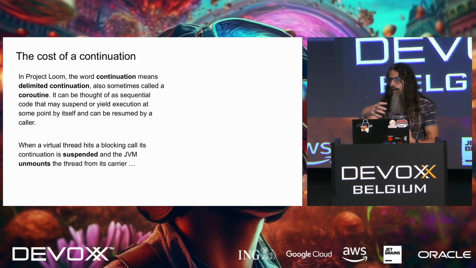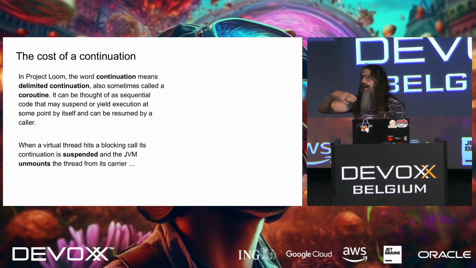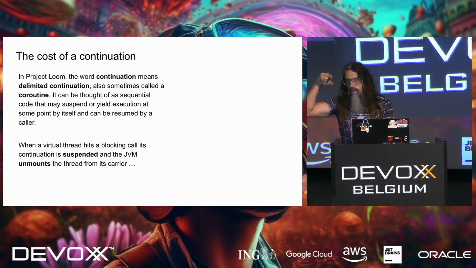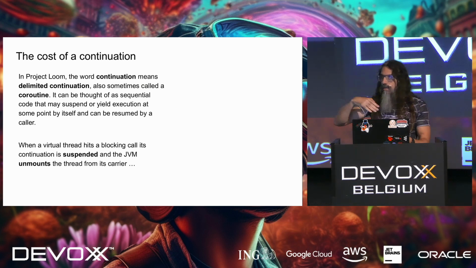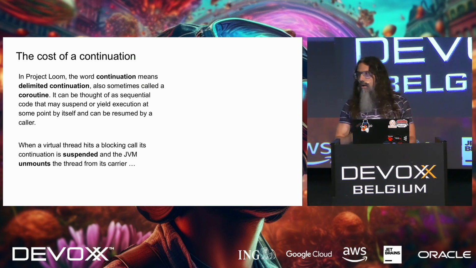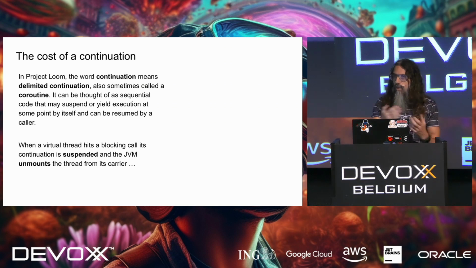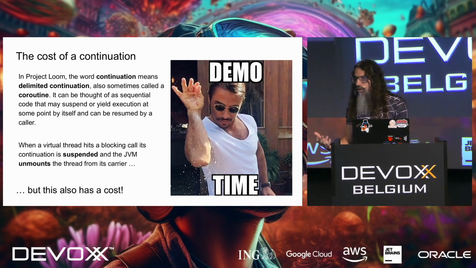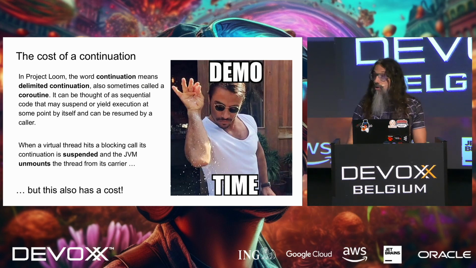They can be mounted and unmounted, so they can be interrupted. The good thing about a continuation is that it can restart from the point where it has been interrupted. Then there is a scheduler, of course, mounting and unmounting these virtual threads from the carrier. But of course, all this machinery has a cost.